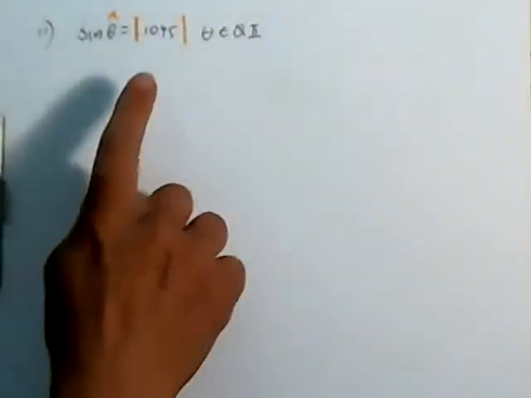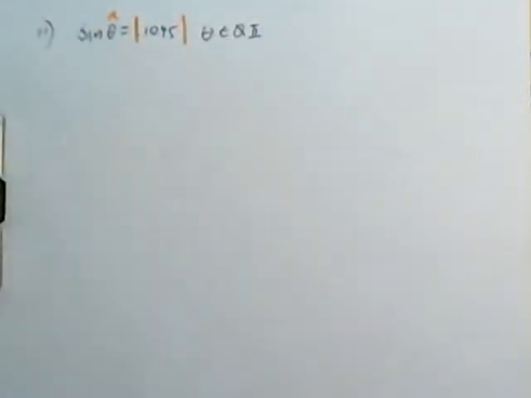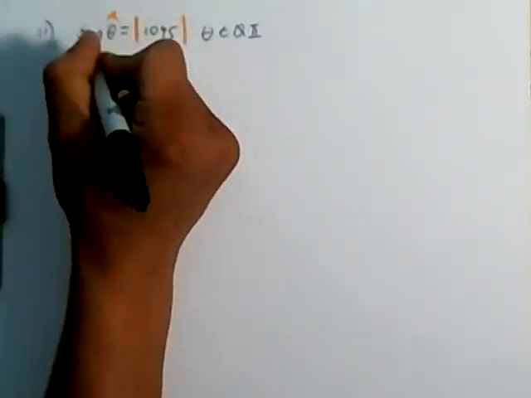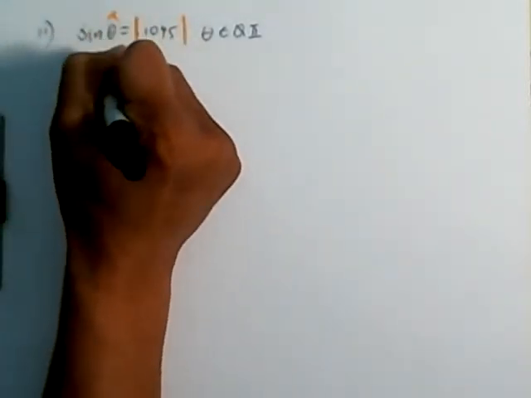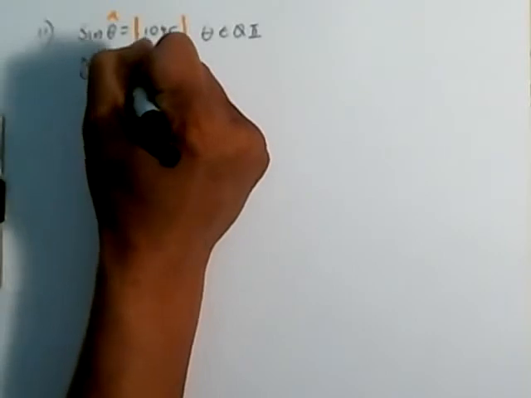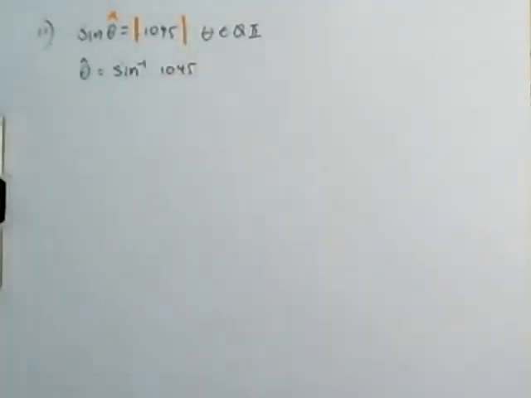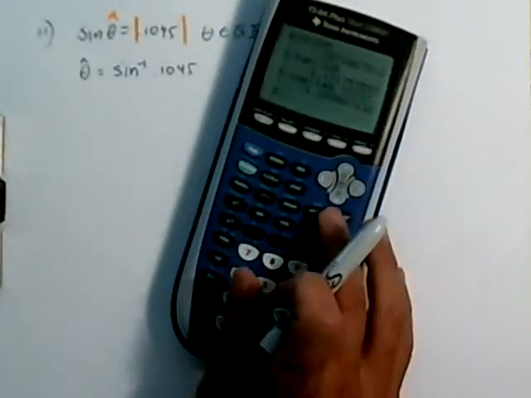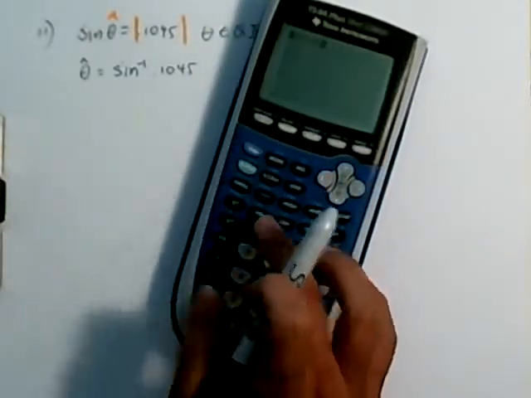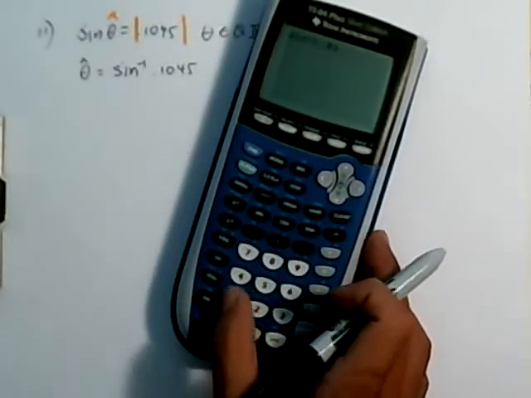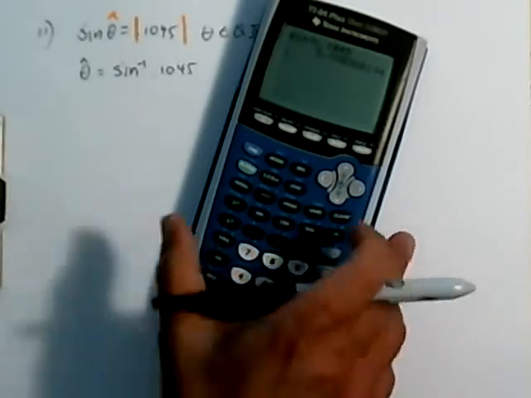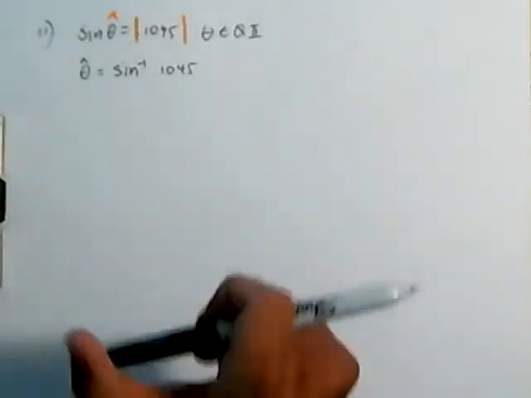Of course, since 0.1045 is already positive, we really don't care. So theta hat is equal to the sine inverse of 0.1045. Let's use our calculator for that. 0.1045, and you get approximately 6 degrees, 5.99.